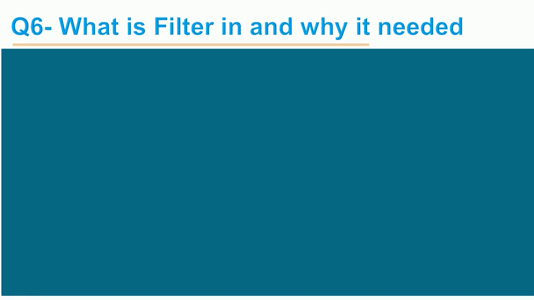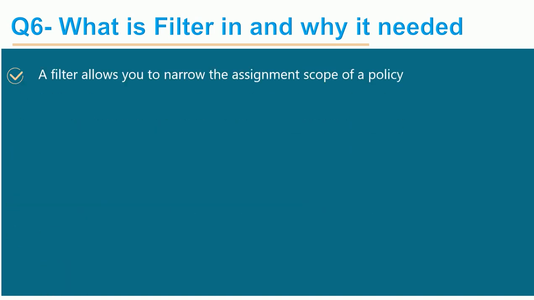Now the next question is, what is a filter and why is it needed? A filter allows you to narrow the assignment scope of the policy. Suppose you are deploying a policy in Intune and you want to narrow it down.